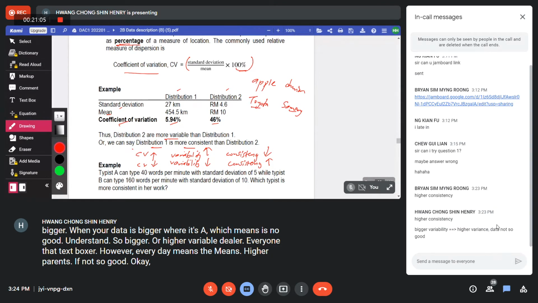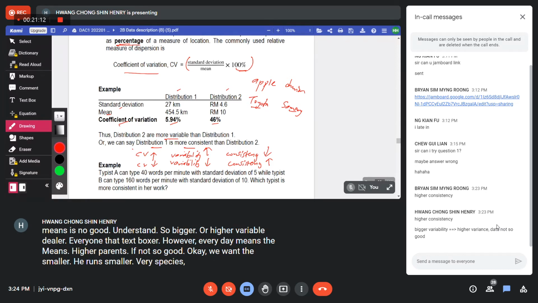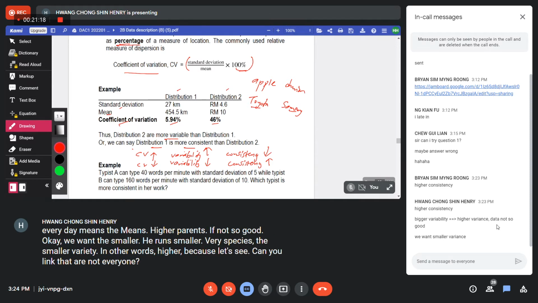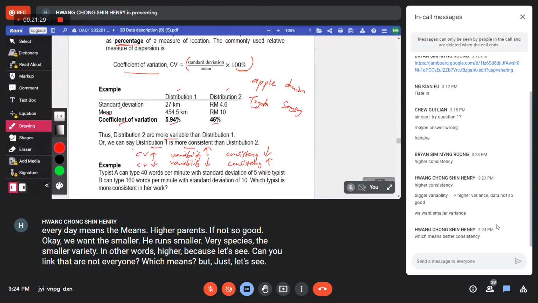We want smaller variance, which is smaller variability. In other words, higher consistency. Can you link that or not, everyone? Which means better consistency. Does anyone understand?